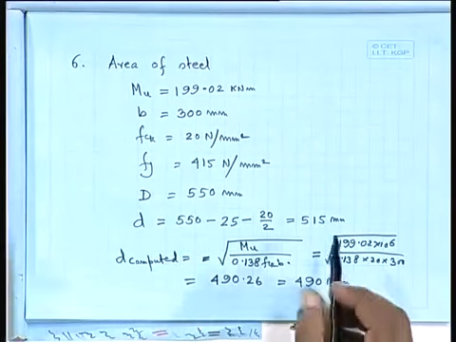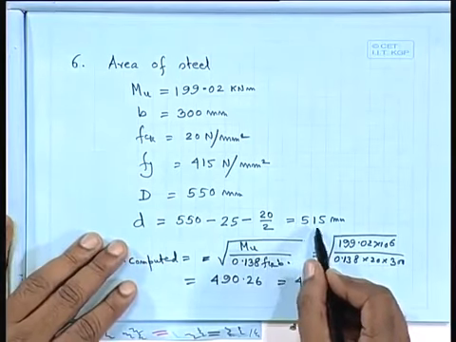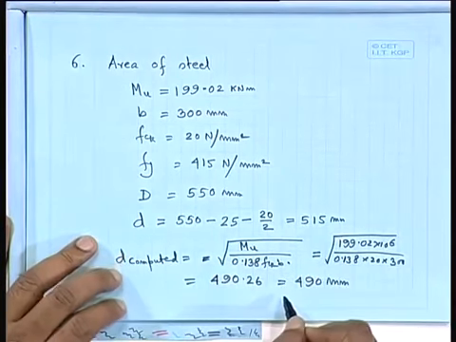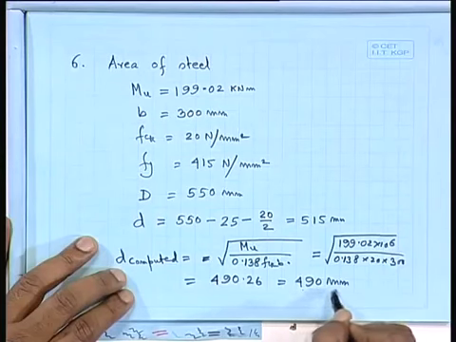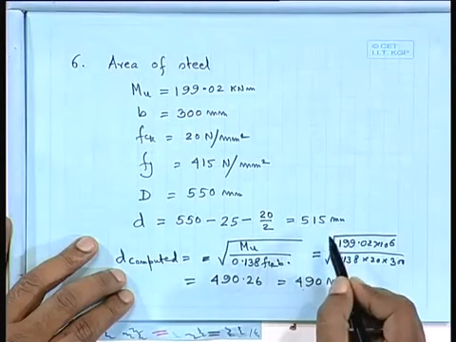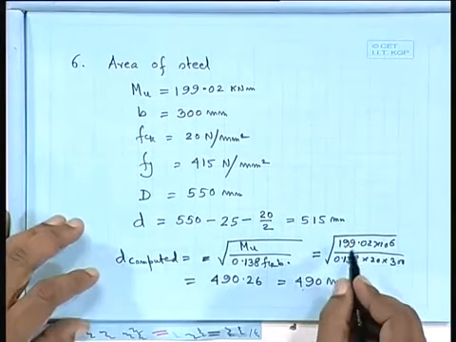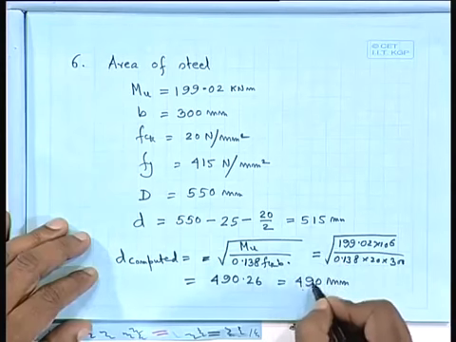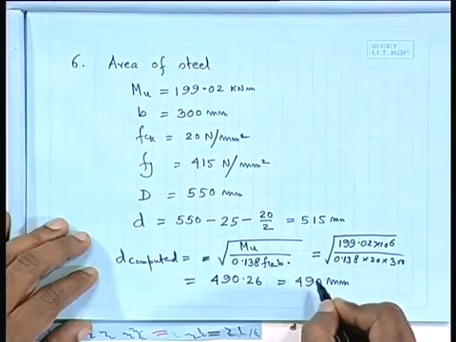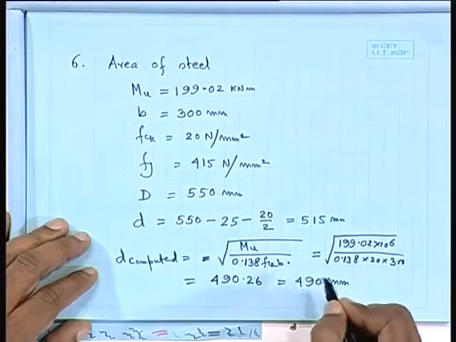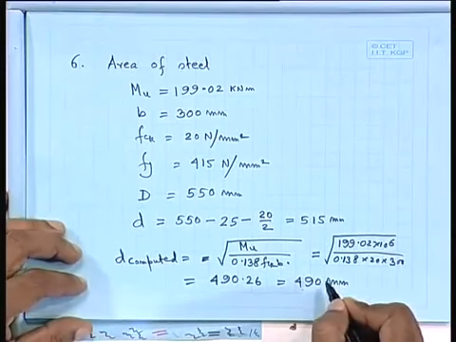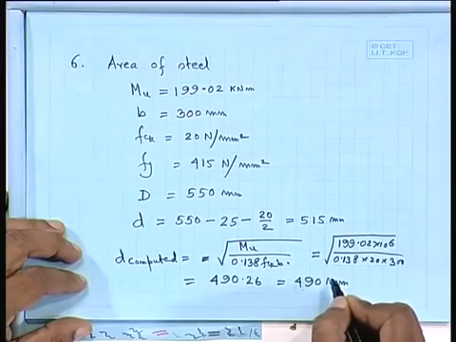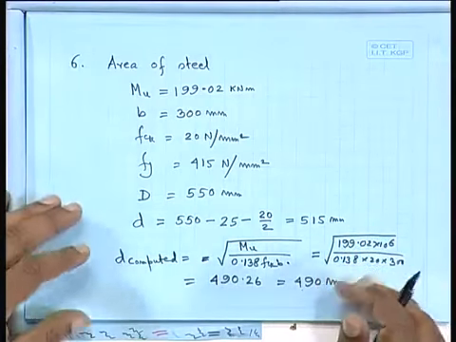What I am trying to say here is that we have provided 515 millimeter. Obviously it is greater than d computed, that is 490 millimeter required. One way we can do it here is to take 490 plus 25 plus 10, so we can make it 525. At least at this stage we could provide 525.